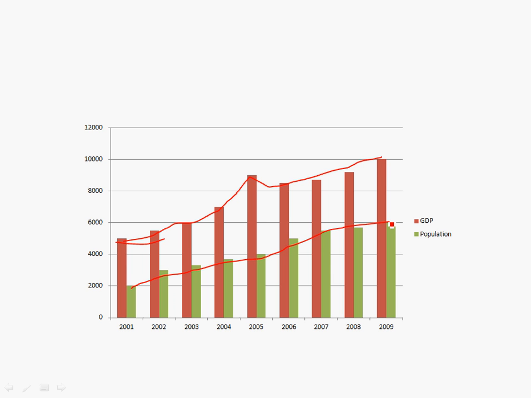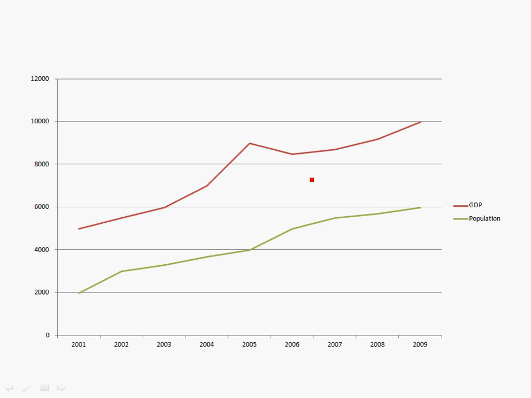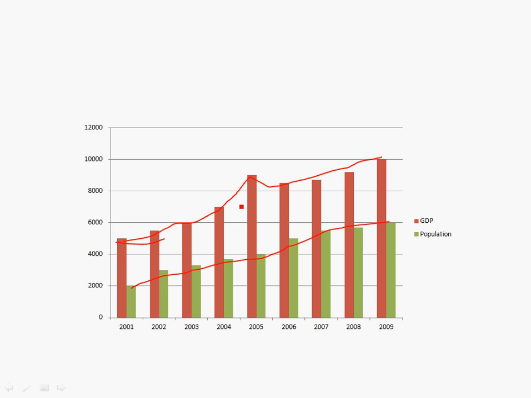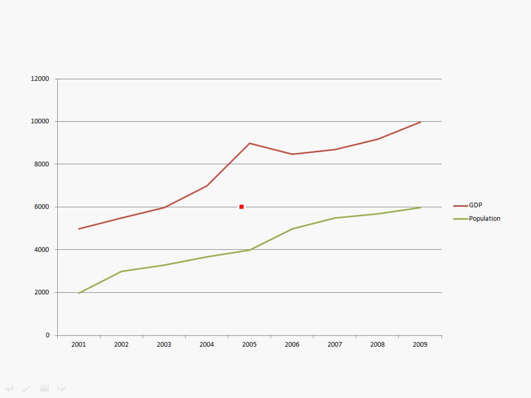So now I have also constructed the line graph for the same, right? So this is the line graph for the GDP as well as the population. If you see, the line graph does not represent the information as immediately as the bar graph does. So the bar graph is much clearer than a line graph, though a line graph also serves the same purpose, right? So here you have to plot the points.